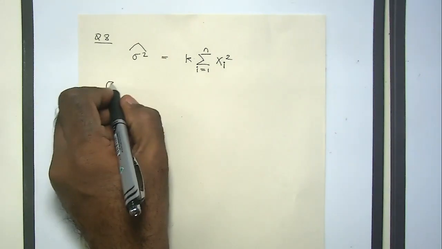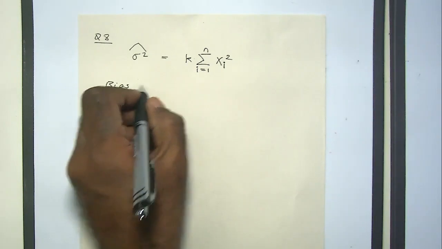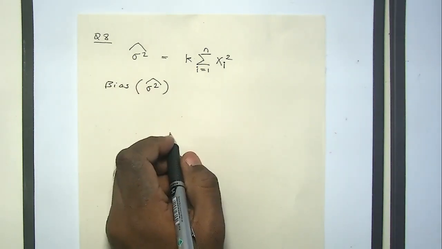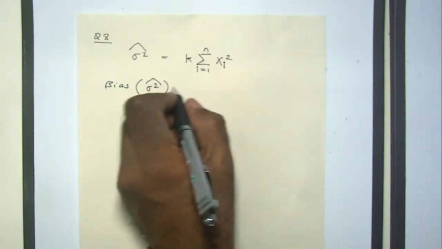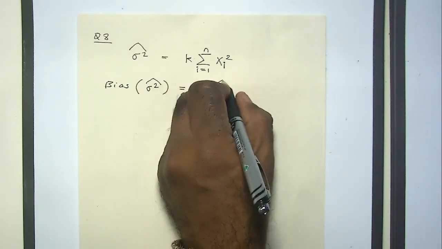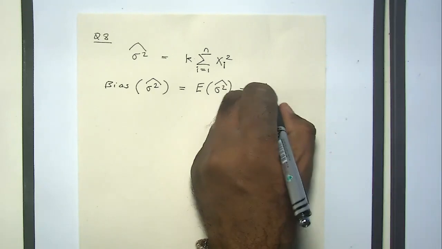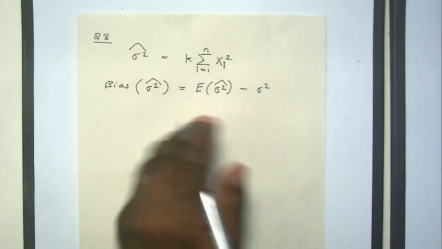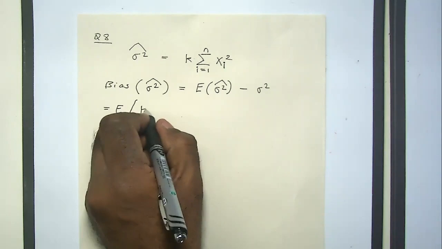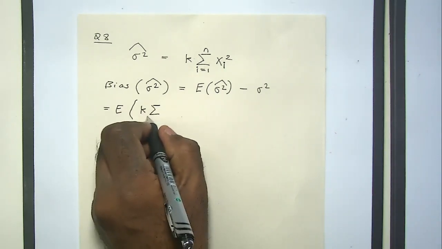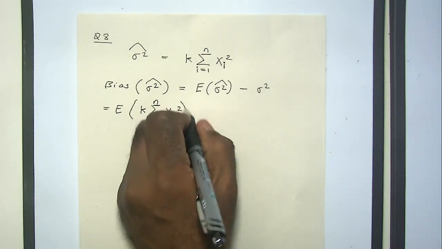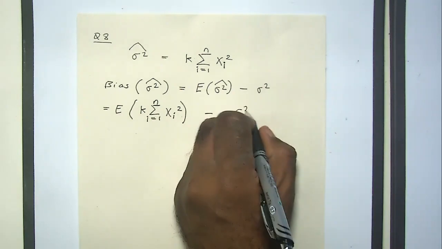So what you need to do is the same thing. Try to find the bias and then the value for k. Okay, this is the bias. All right.